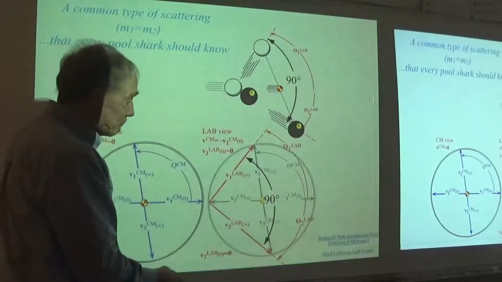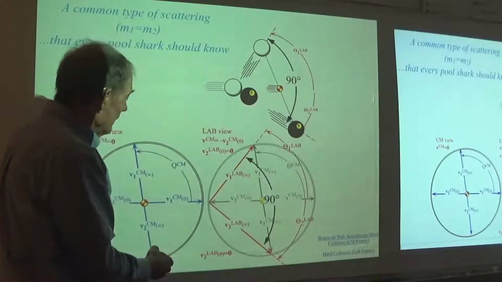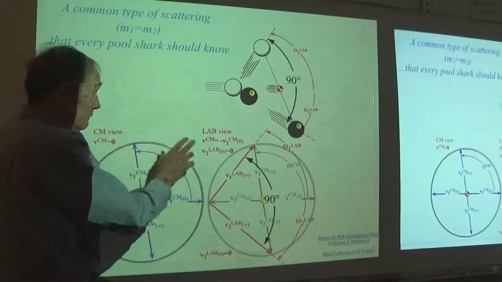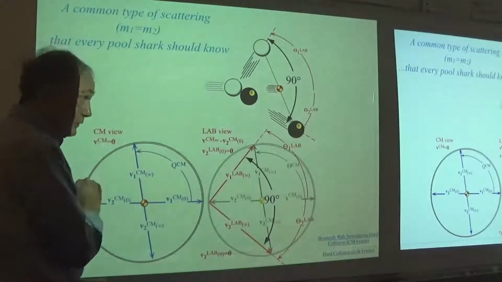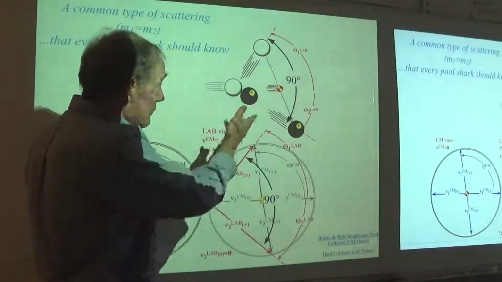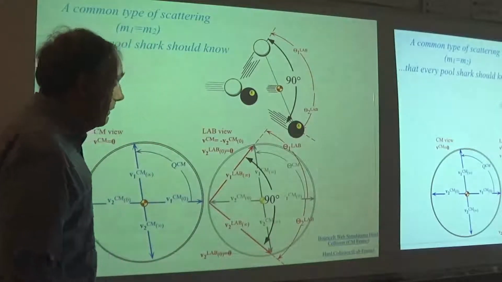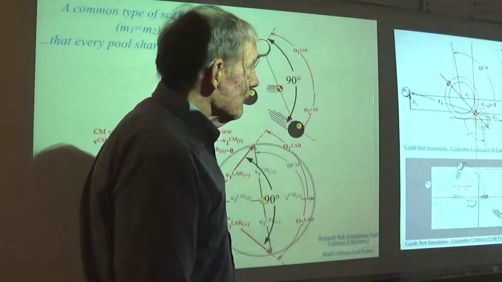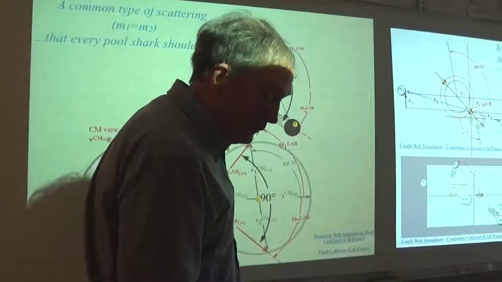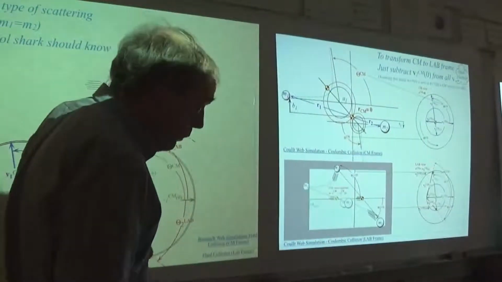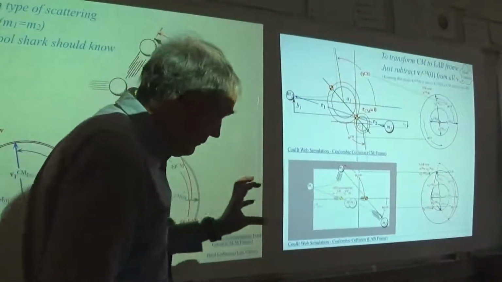And the idea here is that in order to get the lab view for this, and this is imagining a very common form of pool hall scattering involving those two objects. They're rolling, admittedly, they're not just flying without rotation.